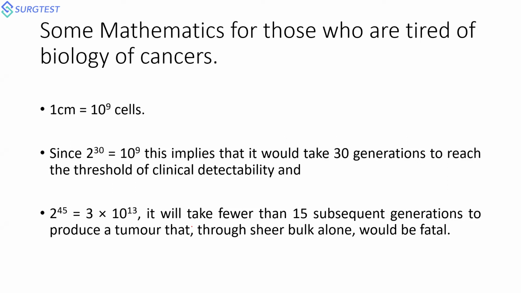For a tissue which is 1 centimeter in size, there are underlying 10 to the power of 9 cells inside it. It takes around 30 generations for the cells to multiply to reach 10 power 9. So a 1 centimeter tumor tissue requires 30 subsequent cell divisions to become 1 centimeter in size.